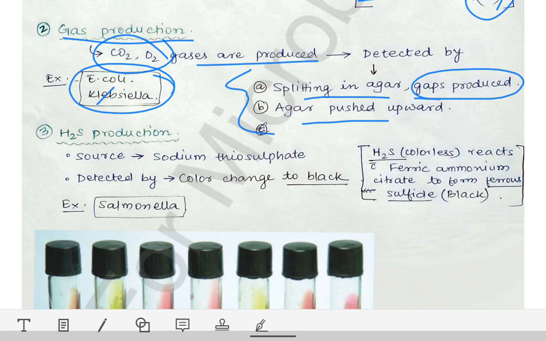Okay, next comes the H2S production, hydrogen sulfide production. How does the bacteria produce the hydrogen sulfide gas? It is not normally produced by any bacteria.